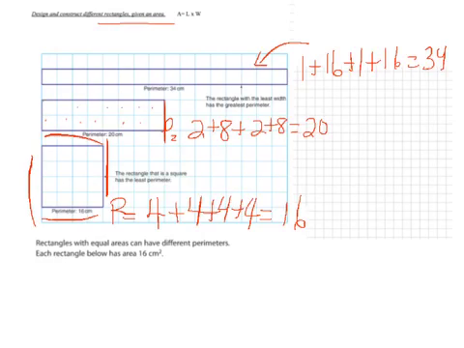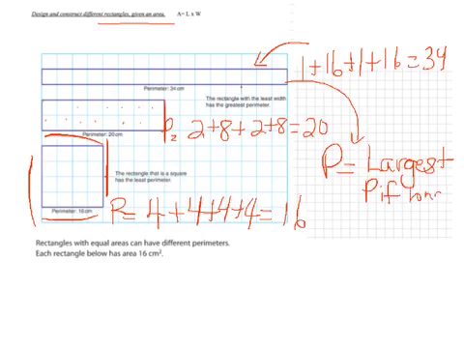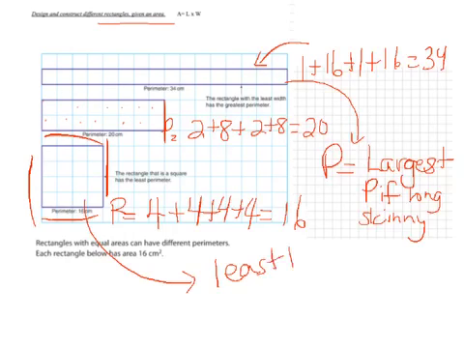What you'll find is when you are finding perimeter, the rectangle that is the long skinny will have the largest perimeter, so it's opposite. Whereas the rectangle or square, which will have the least perimeter if it's square-like.